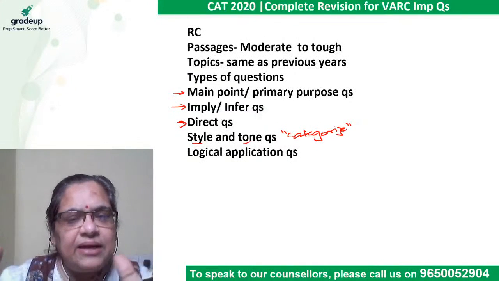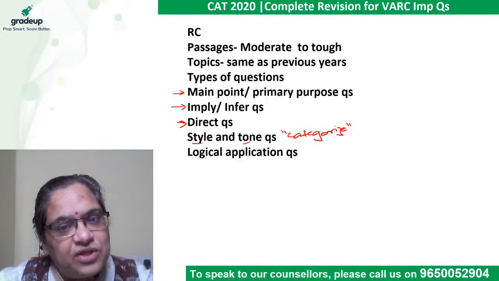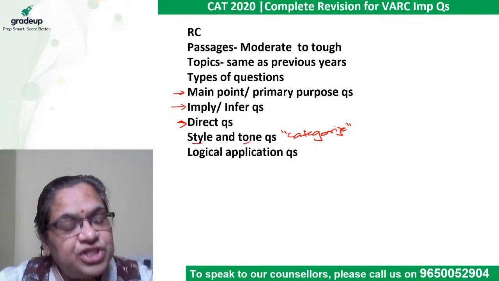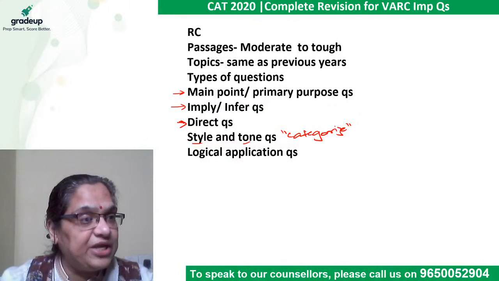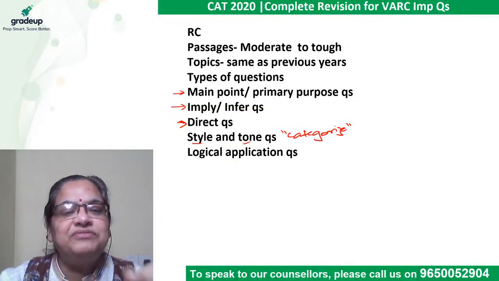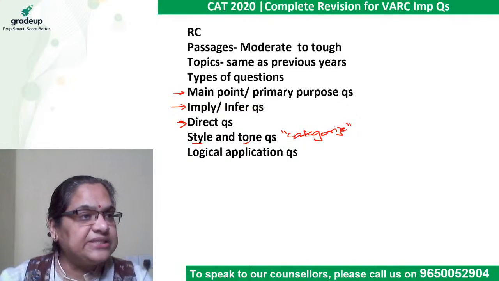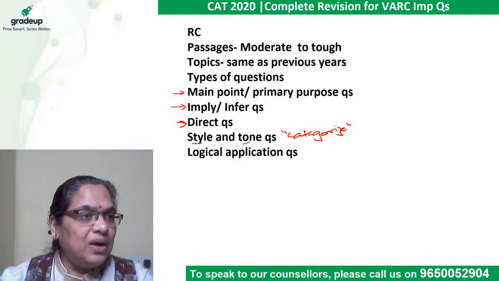Then he'll just describe a building and say, based on the qualities given by the author, which architecture would be used in this, which category does this building belong to. That's called a logical application question. There'll be a theory given in the passage and you will be asked which of these options is analogous to the author's theory as it is given in the passage. That is the main one.